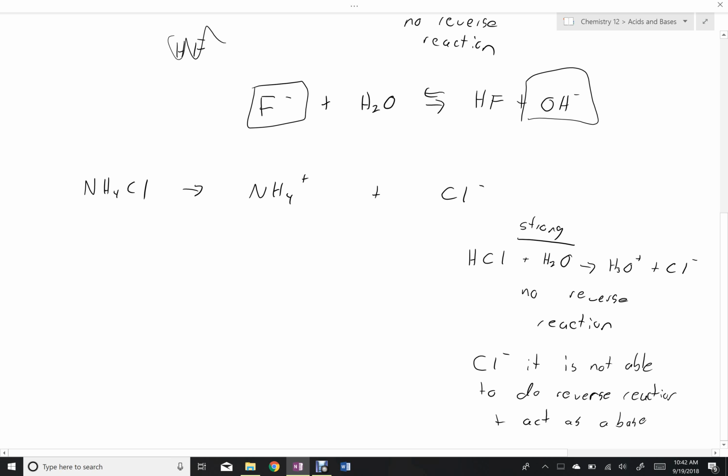Alternatively, NH4+ is the ion associated with the weak base, ammonia. If ammonia was placed into water, it would react with H2O to produce NH4+ and OH-. But what's important about this is because it's a weak process, the reverse reaction does occur.